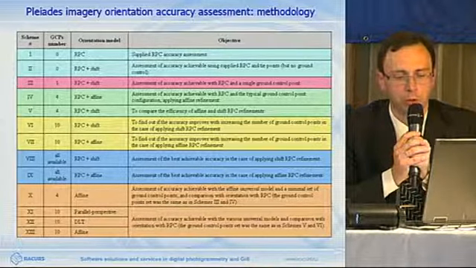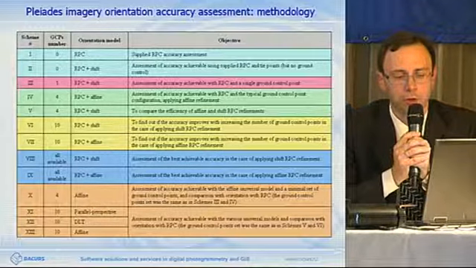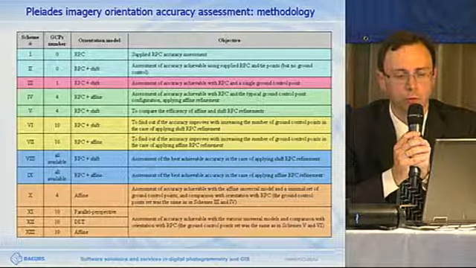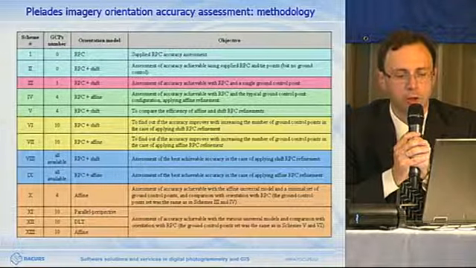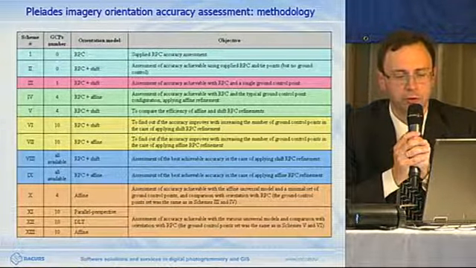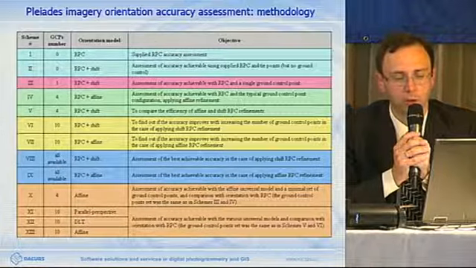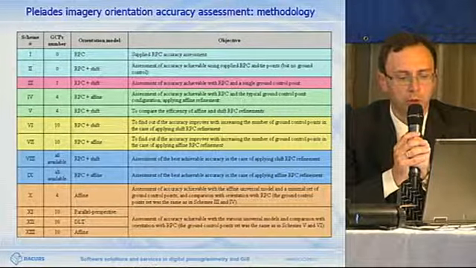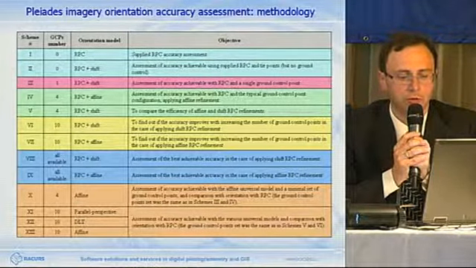Then the yellow group, the sixth and seventh experiments, are about identification of whether we can increase the accuracy with a greater number of GCPs, and then its comparison with the achievable precision using universal methods.